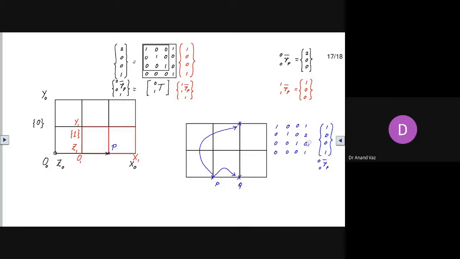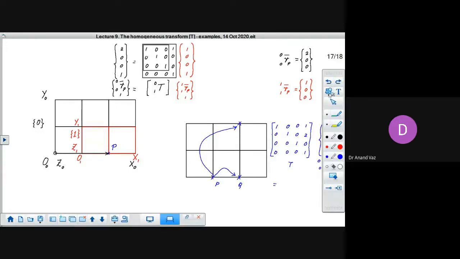If you do this matrix multiplication, what will you get? This is going to be the transformation; I'm just going to write it using a T matrix only.